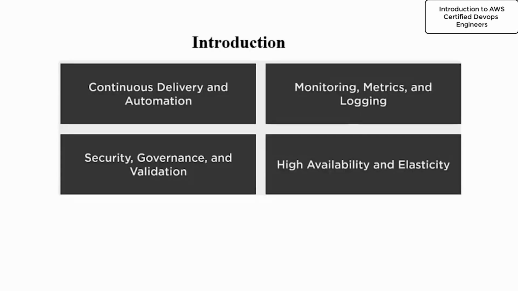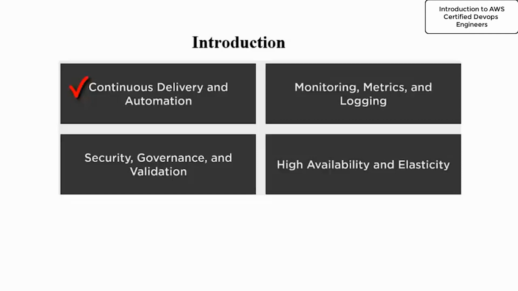So this examination covers four blocks of preparation. I'll just describe them one by one. The first block is continuous delivery and automation. We have to understand how the delivery of programs or applications can be processed quickly using DevOps.